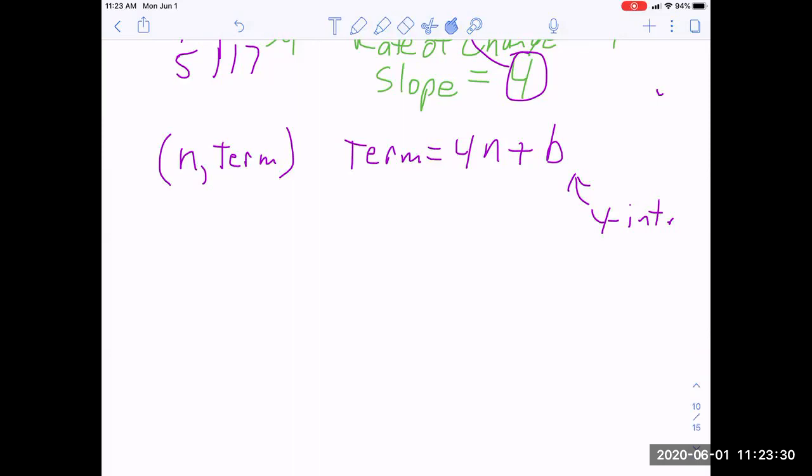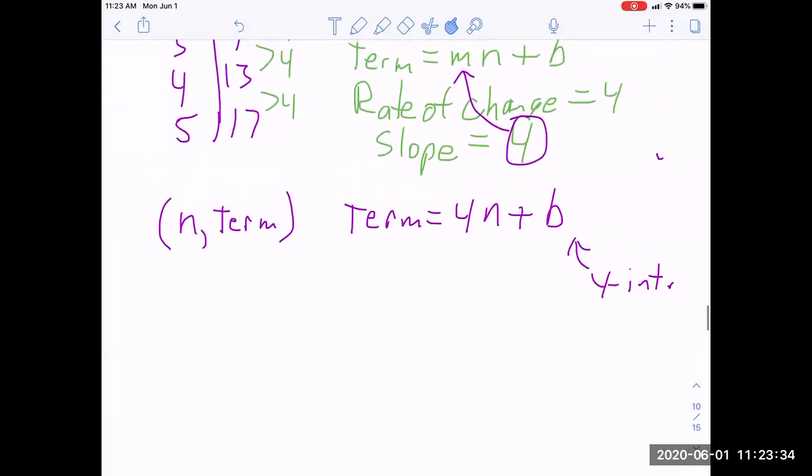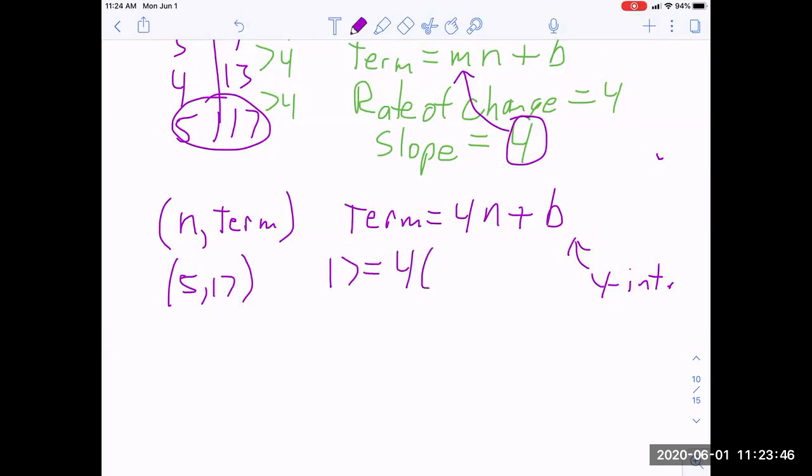Well, to finish this, I'll just use this last one because I can see it: 5 and 17. So looking at this ordered pair, the term is 17, the step number is 5. I'm going to solve for b. Subtract 20, negative 3 is b.